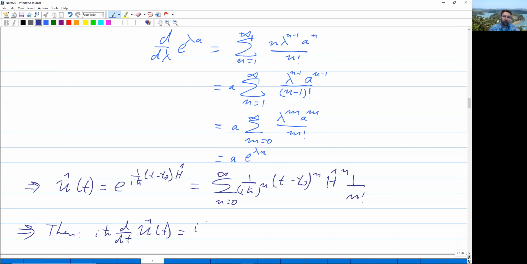So we have i h bar divided by i h bar. And the t derivative is just giving us a 1. And then we also have this H hat here, multiplied with this whole thing again, because it's an exponential. So therefore, the equation of motion is okay.